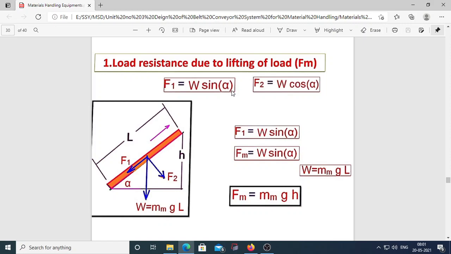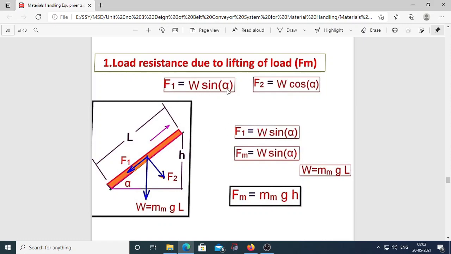You know how to use trigonometry. You have learned in the mathematics subject how to resolve the forces. This is the total length of the belt, L. H is the height of the material loaded on the belt, the height through which the material is lifted from the horizontal distance. Already we have seen this. Then how to resolve these forces?